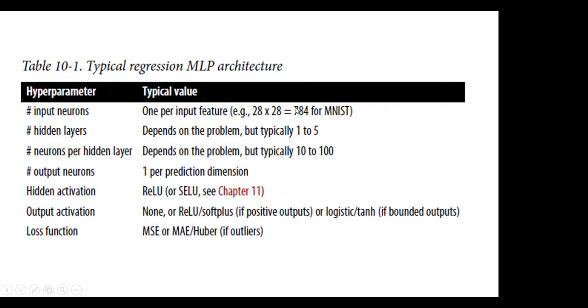We have 28 multiplied by 28 input features, so we have this number of input neurons. It depends on the problem.